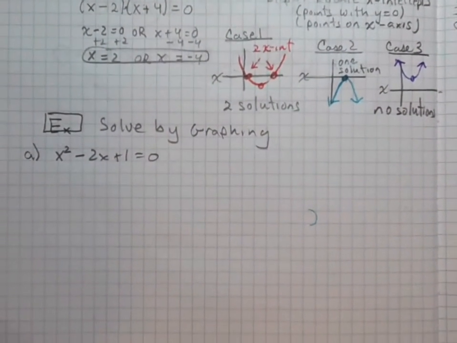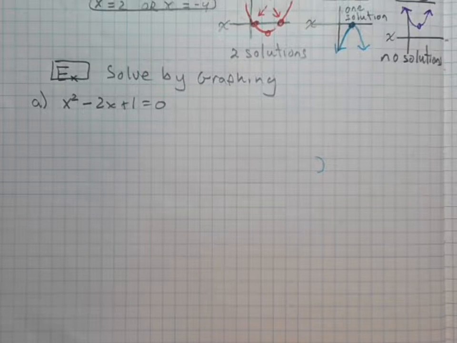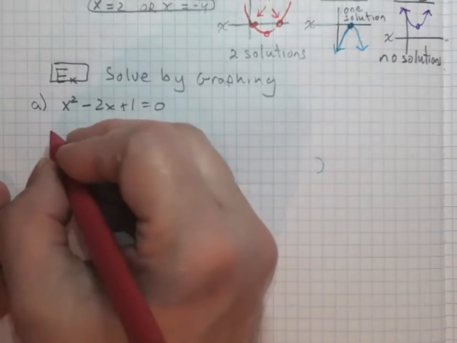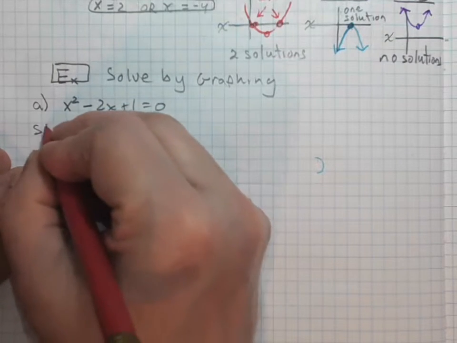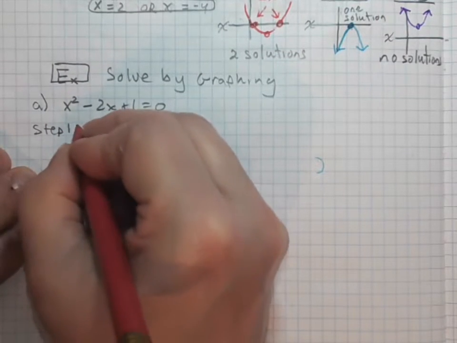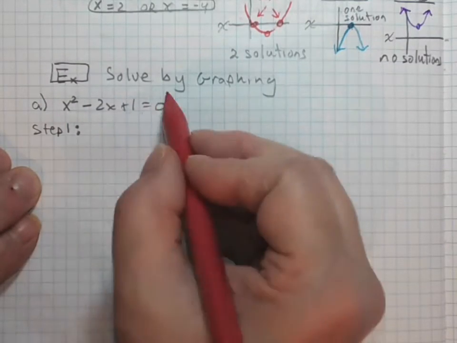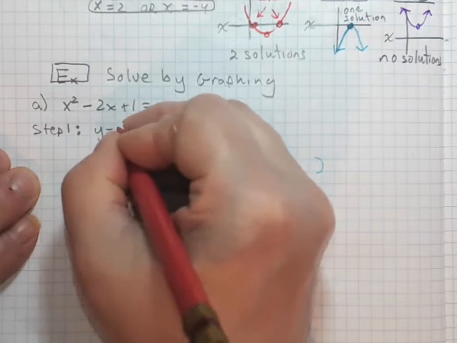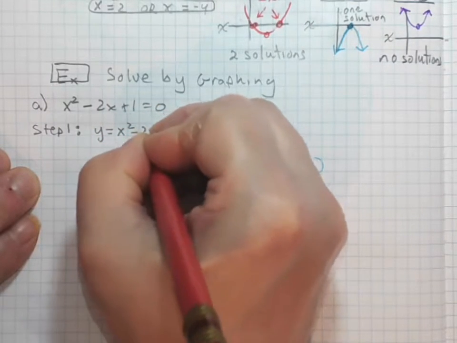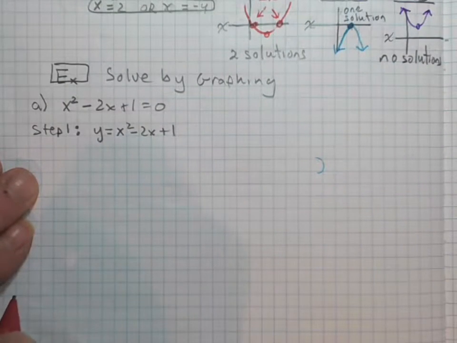Again, I'm not going to try to factor that or any other method. I'm just going to try and graph that. So I start with, in step 1, I'm going to rewrite it and write it as a function. Okay, so I have all the terms on the left side with an equal 0. So that means I just replace this with a y, and I get y equals x squared minus 2x plus 1. And this is what we're going to graph.